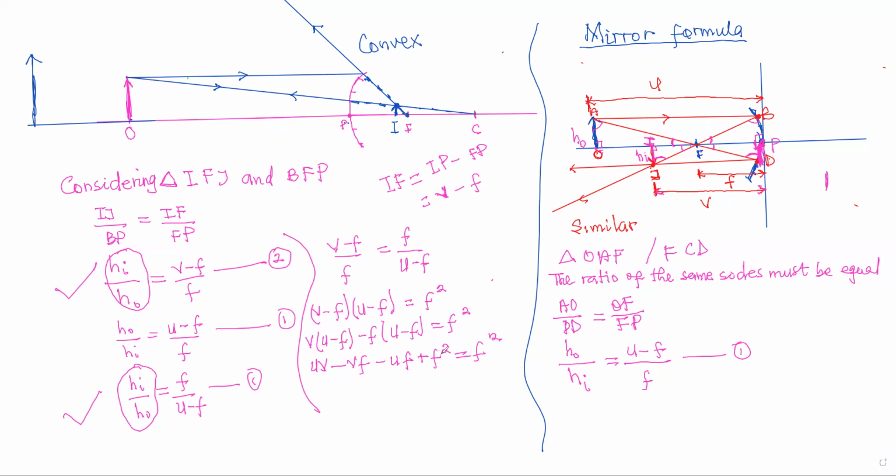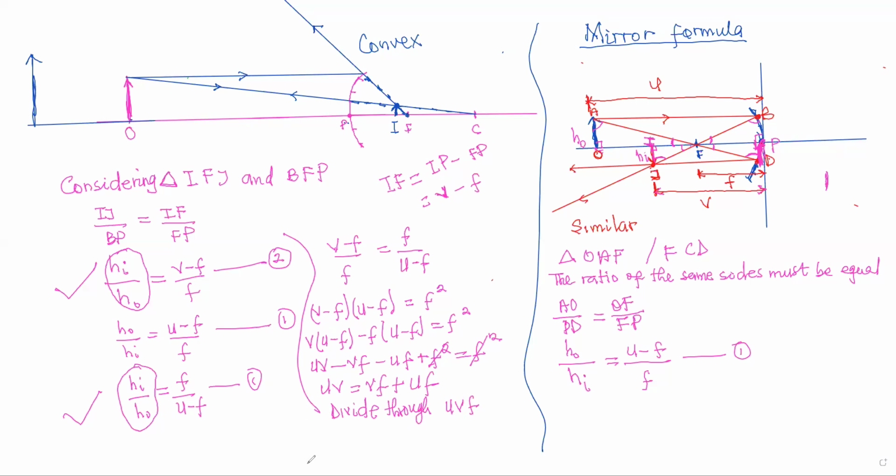Yes, please. Then when you group like terms, F squared minus F squared reduces to 0. You let all the negatives cross the equal sign, so you have UV is equal to VF plus UF accordingly. Then when you finish, divide through by UVF.